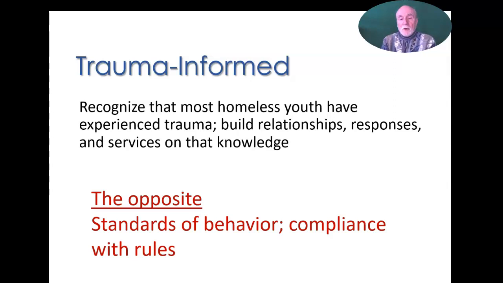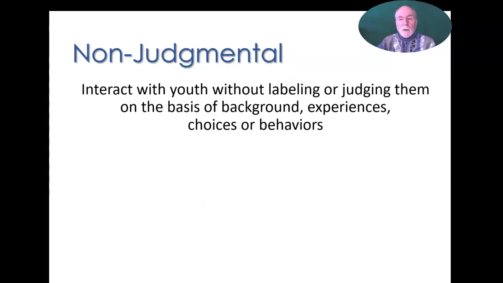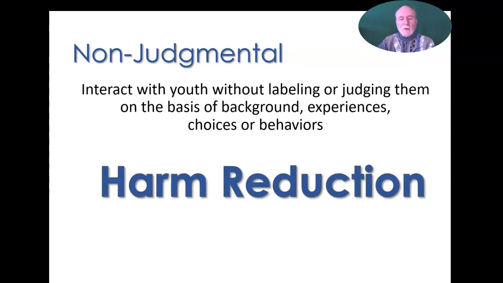Whereas other programs, zero tolerance programs, would not allow youth to continue in a program if they did not conform to standards of behavior. This relates to yet another principle, being non-judgmental: to interact with youth without labeling or judging them on the basis of background, experiences, choices, or behaviors.